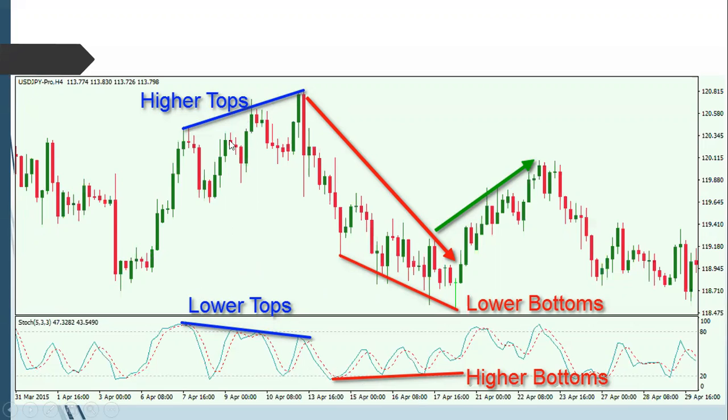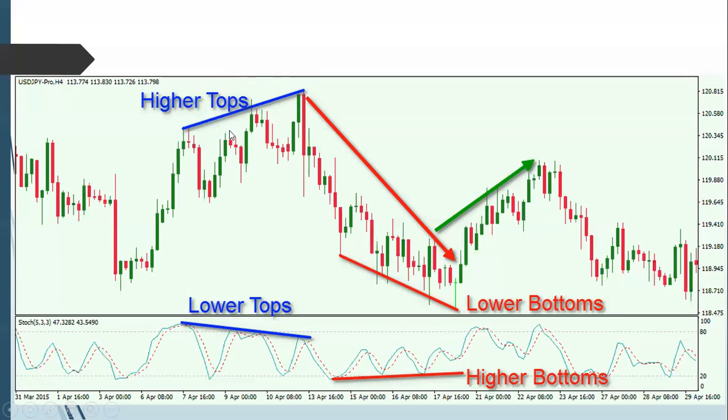So here will be our first entry, right? Because let's just say we block out everything here. We don't know we are going to get higher highs. So here's our first entry because it's starting to diverge from this point right here.